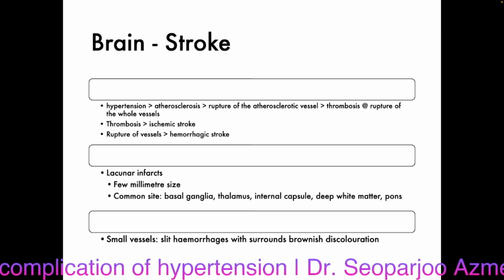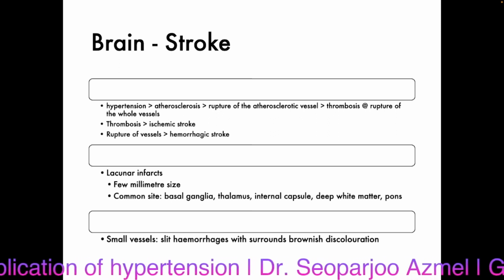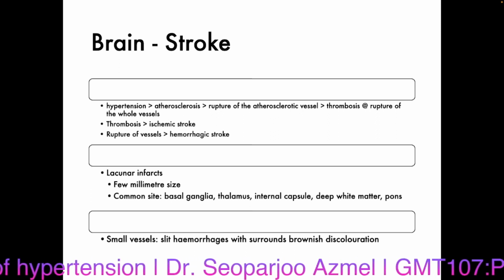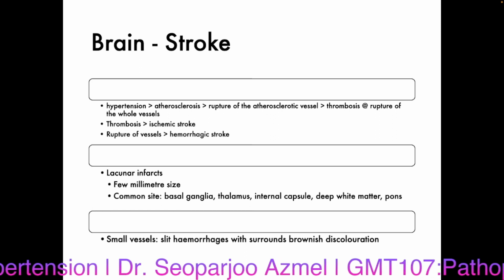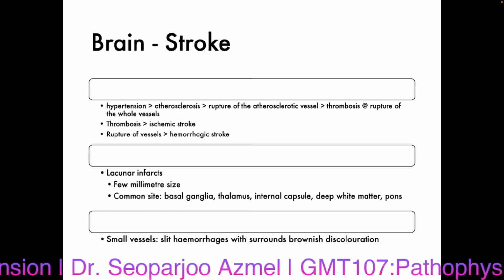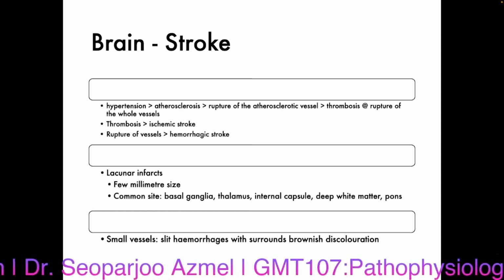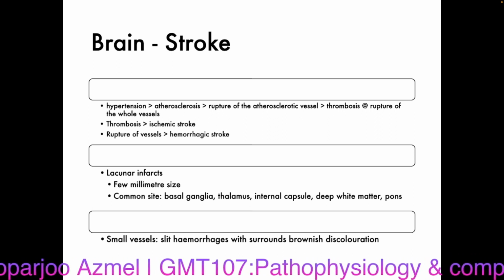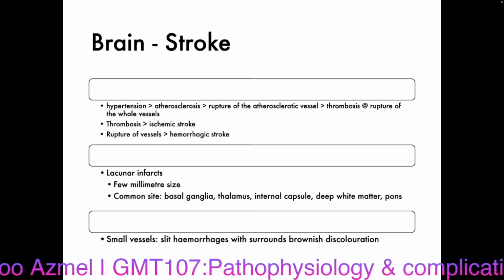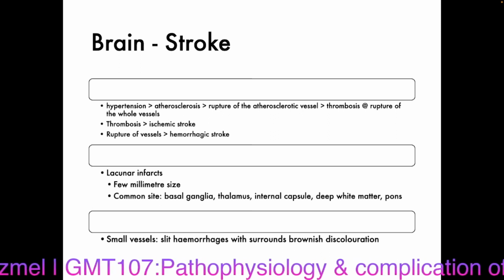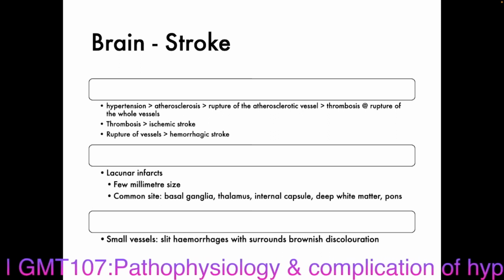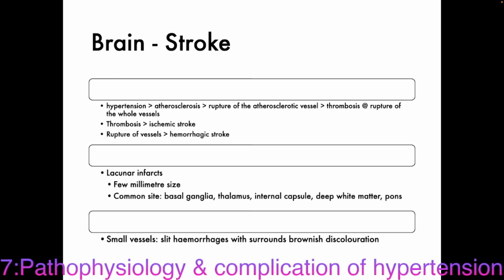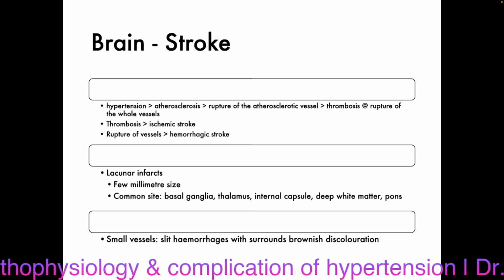Sometimes we can see lacunar infarcts, a few millimeters in size, in the brain. The common sites of lacunar infarcts are the basal ganglia, thalamus, internal capsule, deep white matter, and also pons. These are where the vessels are usually affected by hypertension, and when these vessels are affected, it will cause some degree of infarction in this area.